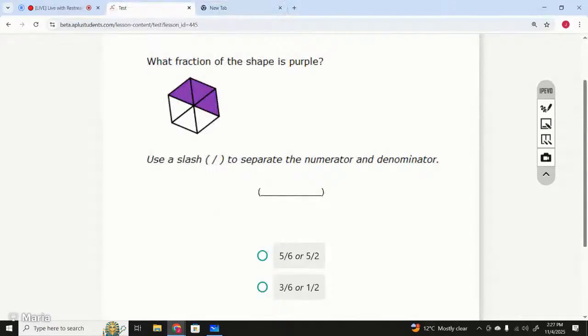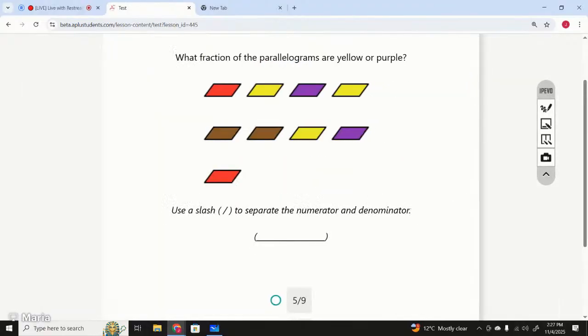What fraction of the shape is purple? 3 by 6 or 1 by 2. Option number 2 is the correct option.